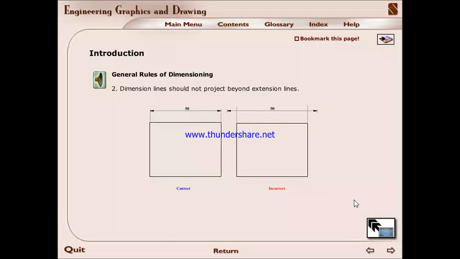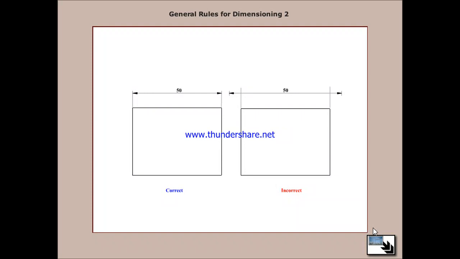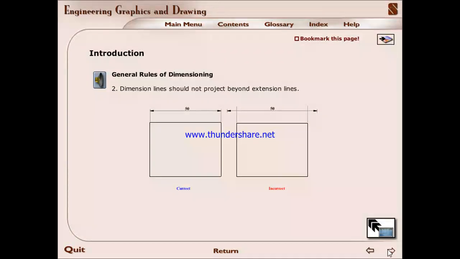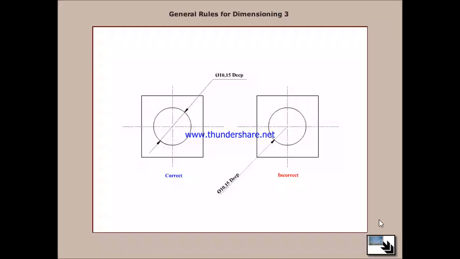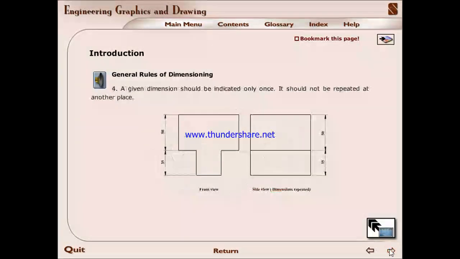The dimension line should not project beyond the extension line. All the information should be written horizontally. A given dimension should be indicated only once.